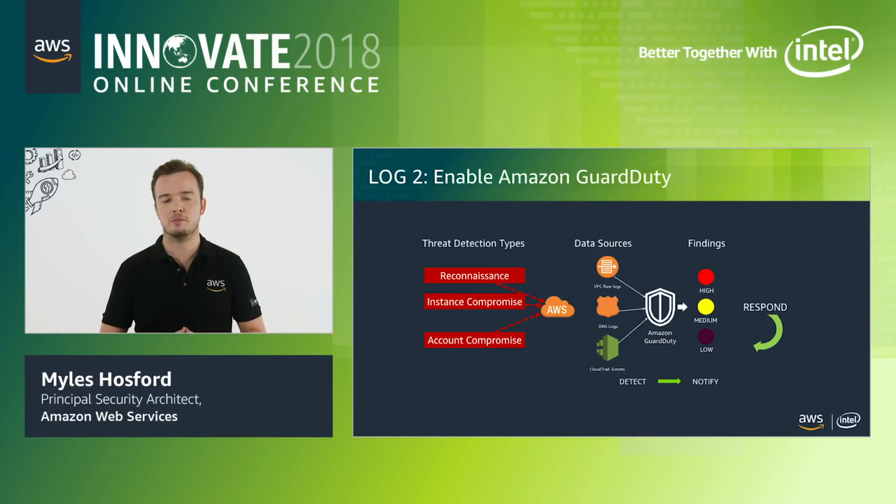GuardDuty identifies suspected attackers through integrated threat intelligence feeds and uses machine learning to detect anomalies in account and workload activity. Amazon GuardDuty is cost-effective and easy to use. It does not require you to deploy and maintain software or security infrastructure, meaning it can be enabled quickly with no risk of negatively impacting existing application workloads.